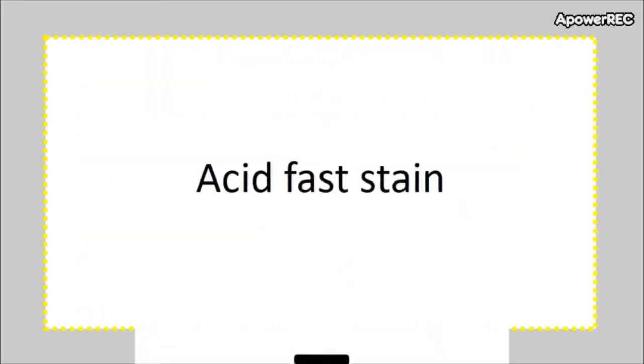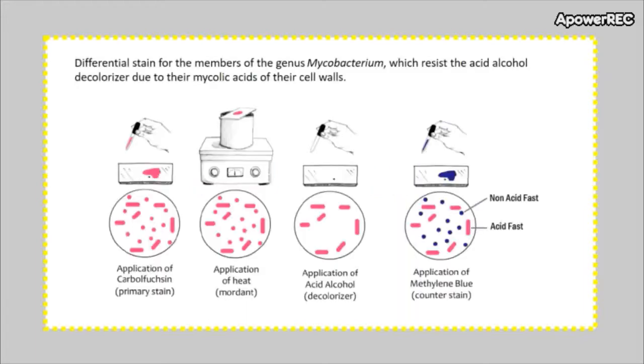Number 7, acid-fast stain. Okay, so this one might be a little bit tricky because we just discussed acidic dyes.